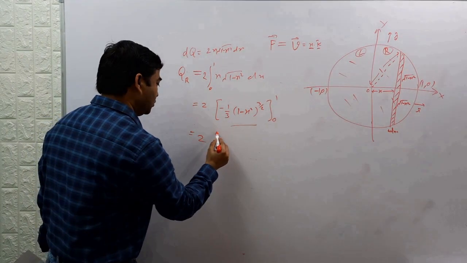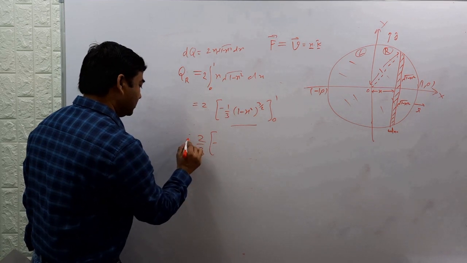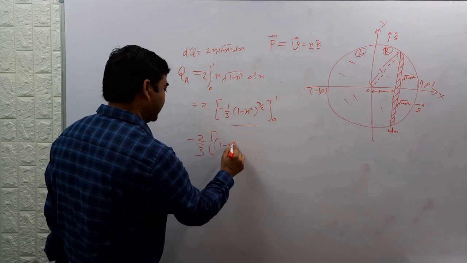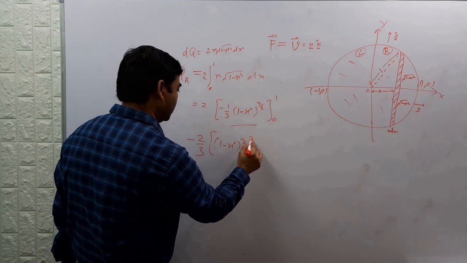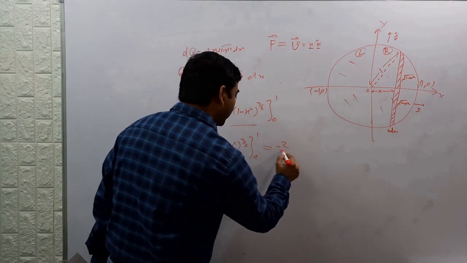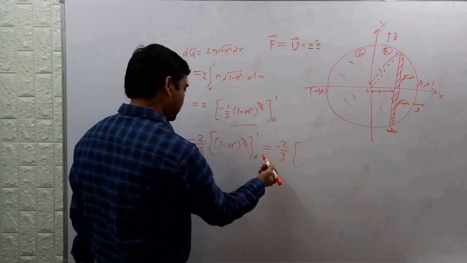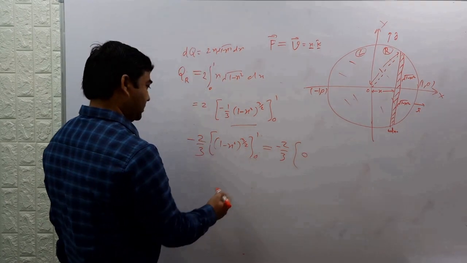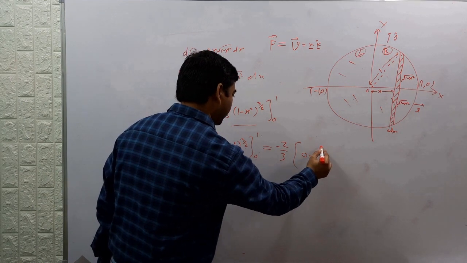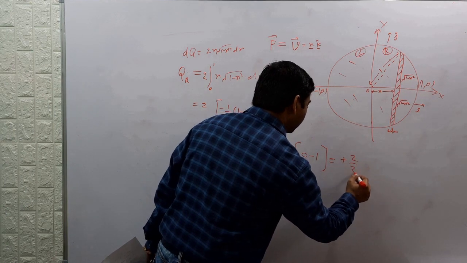So this can be written as 2 times minus 1 by 3. You can take out, so it is minus 2 by 3 times 1 minus x square power 3 by 2, from 0 to 1. This is equal to minus 2 by 3 times, for 1 it is 0, and for 0 it is 1. This is plus 2 by 3.